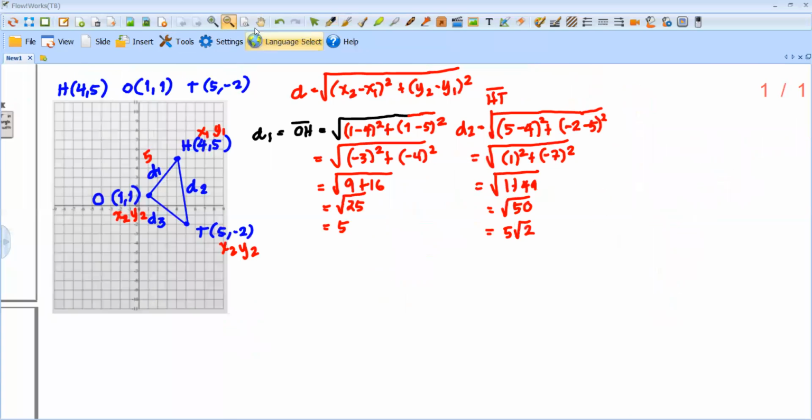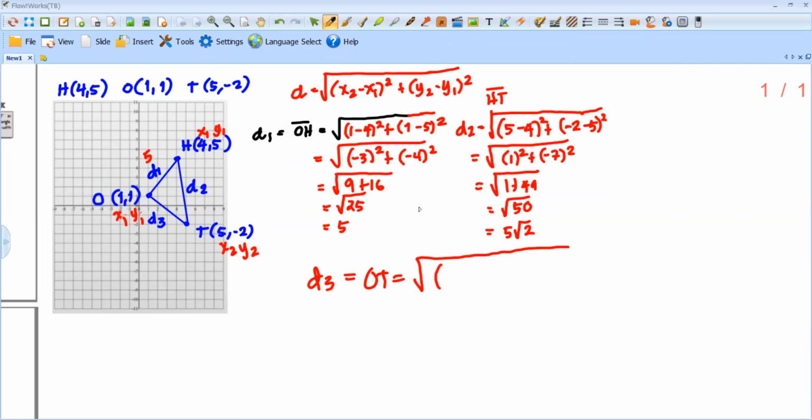Now let's try to find the distance 3. Let us presume that this is x sub 1 and this is y sub 1, so that is from the point O. So we are now on the distance OT.